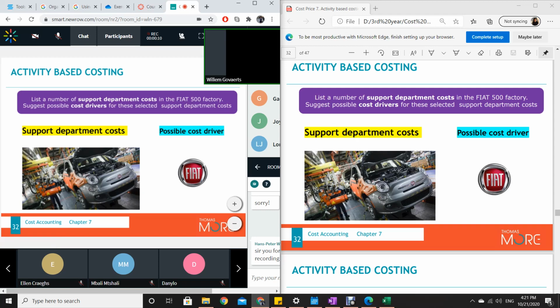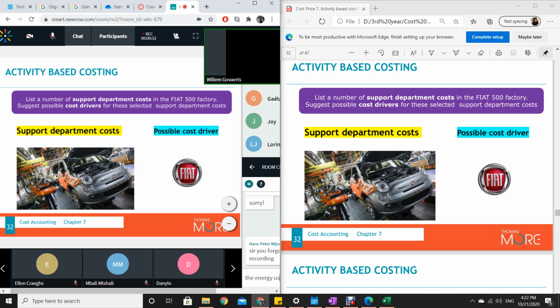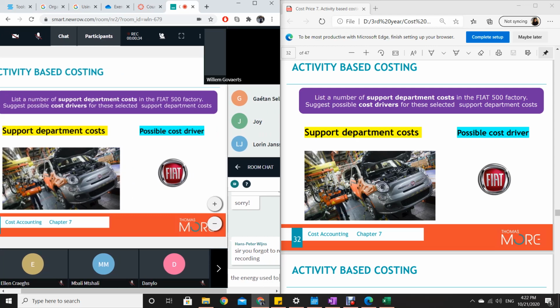But in the assembly line, in this department, you have different kinds of cost. Can you imagine what kind of cost you have, which is not direct labor and not a part of the car as such? What kind of costs do you think you still have, for instance, in an assembly line of a Fiat 500?